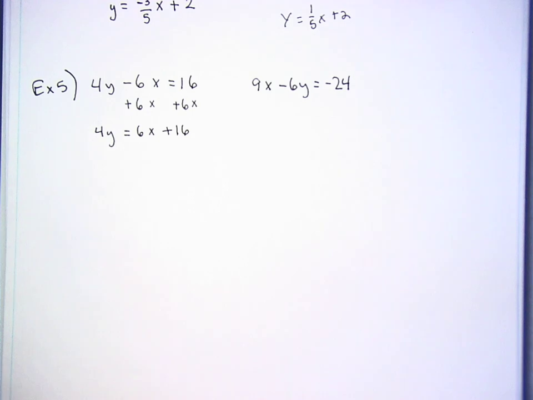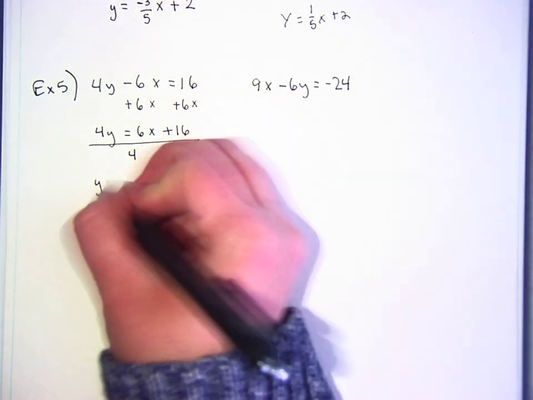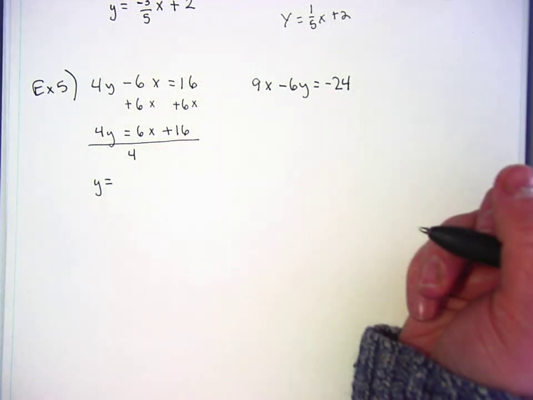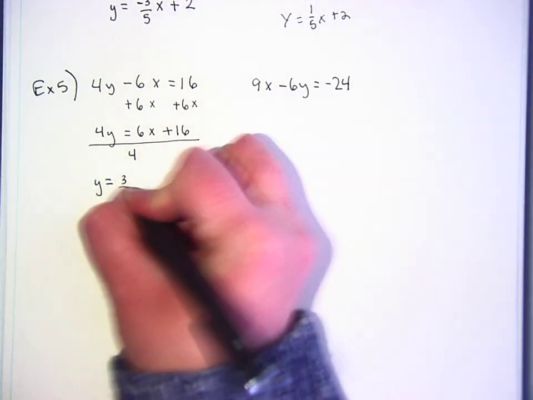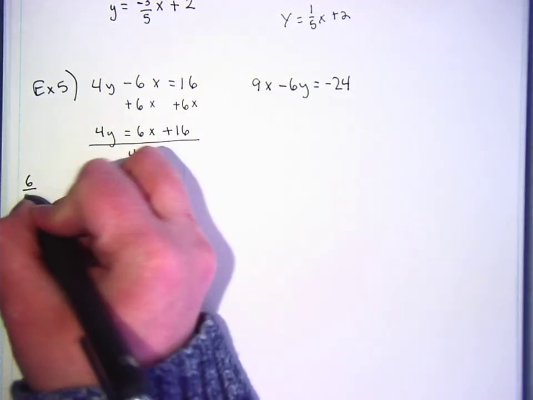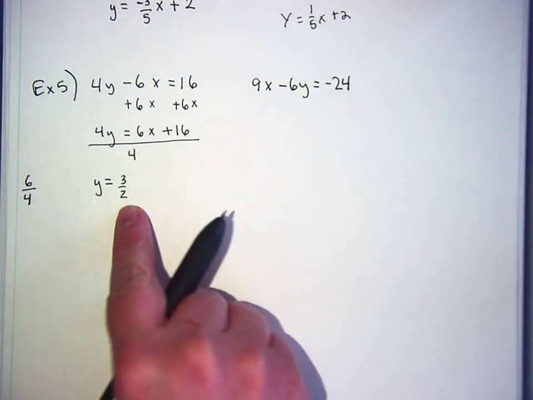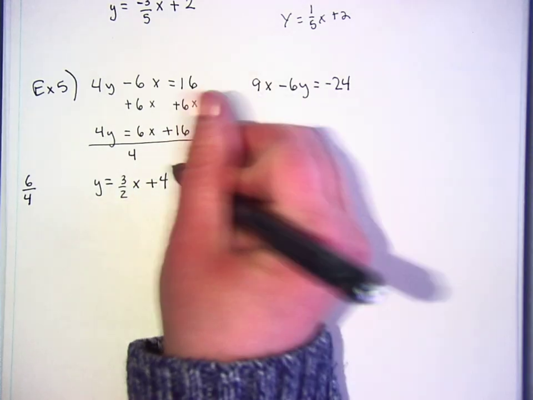Then what? Divide everything by 4. Can you reduce this in your head? 6/4 reduced? Yeah, 3/2. Everybody getting that? Because it was 6/4, and if we divide by 2 on the top and the bottom, we get 3/2 x plus 4, because 16 divided by 4 is 4.